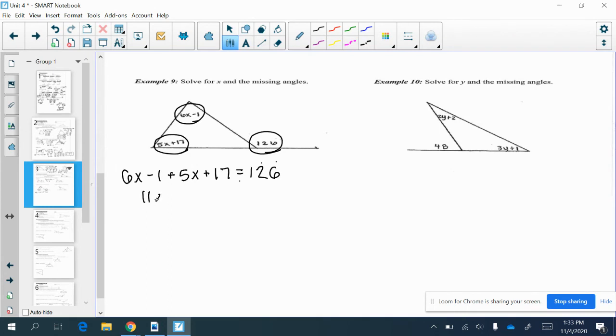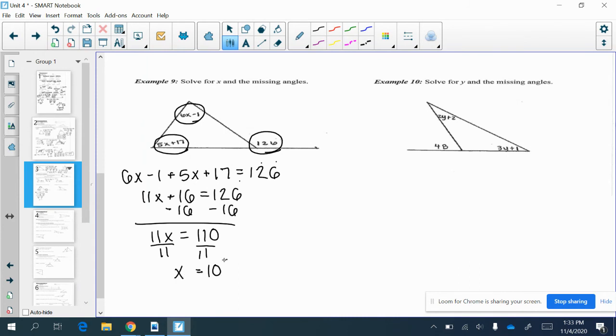So 11x plus 16 should equal 126. Divide by 11, and x is equal to 10.